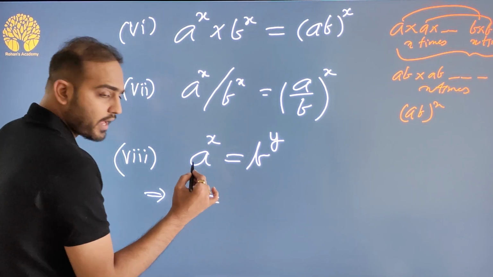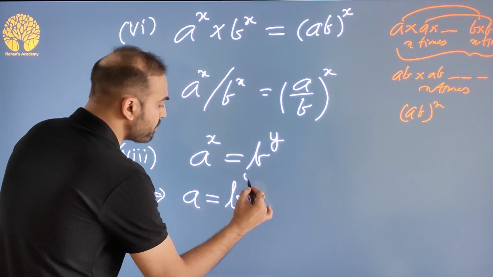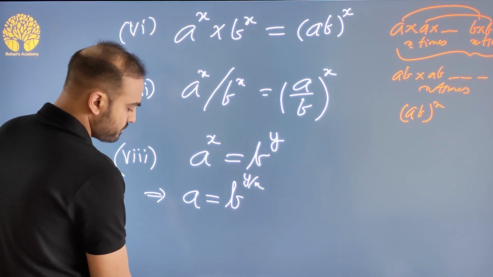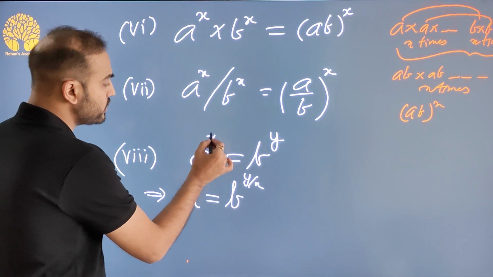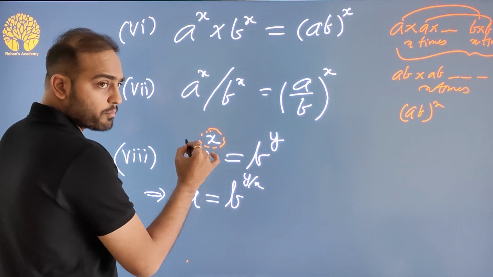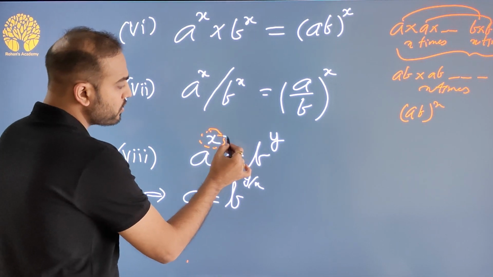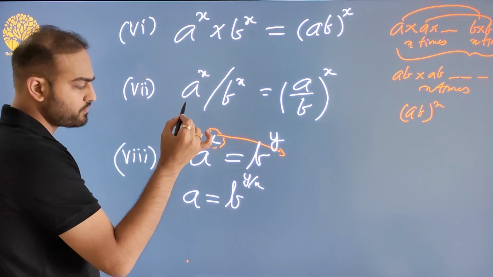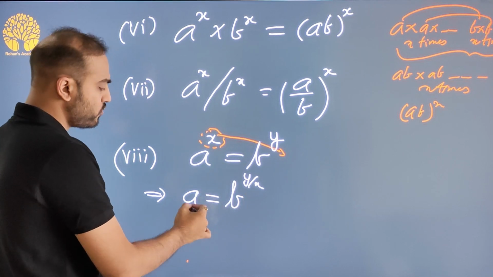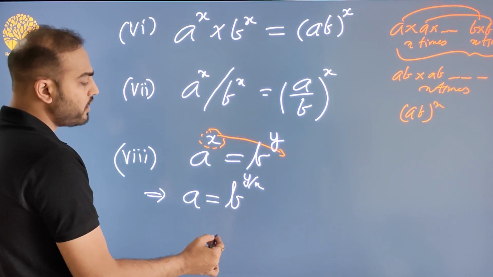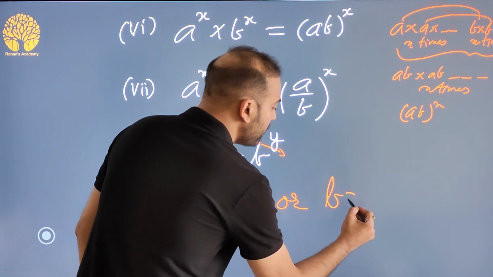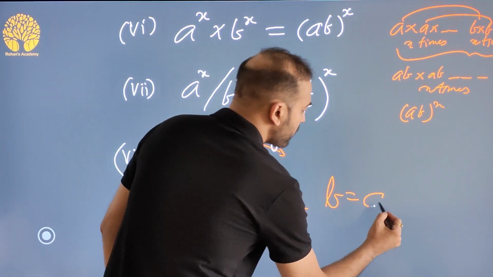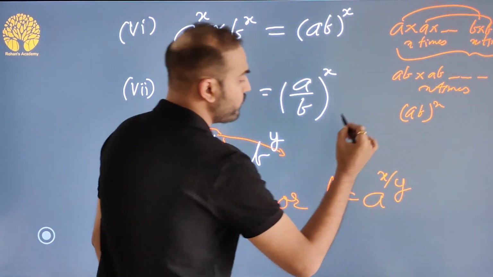We can write A as B to the power y by x. So this x from the power goes by cross multiplication to the other side. So A can be written as B to the power y by x. Similarly, B can be written as A to the power x by y.